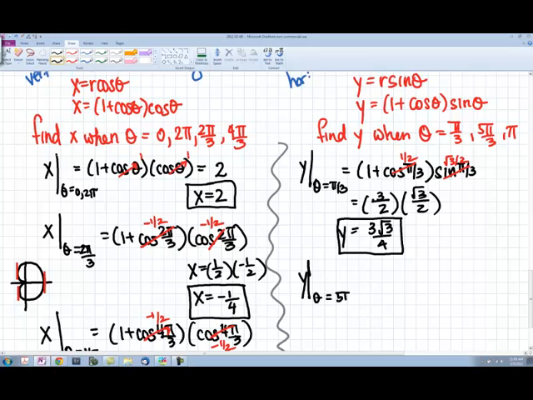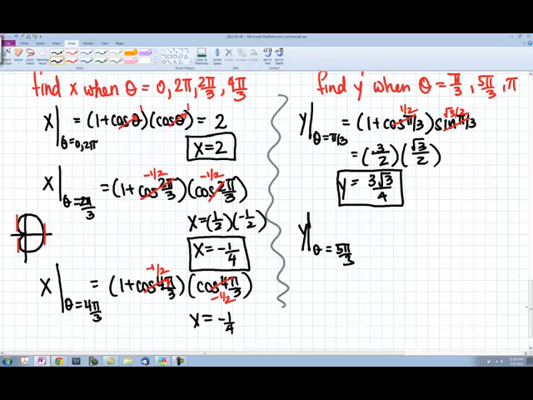Then we proceed to do the exact same thing with the remaining two angles, 5 pi over 3 and pi. Cosine 5 pi over 3 is negative 1/2, and sine 5 pi over 3 is negative radical 3 over 2.